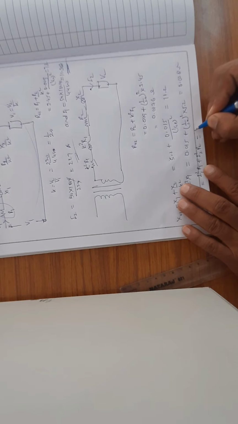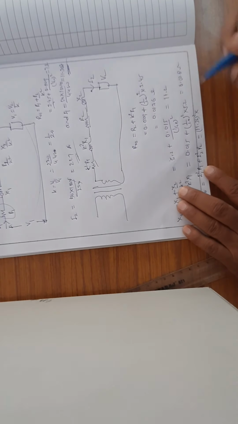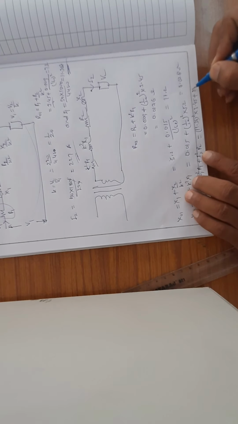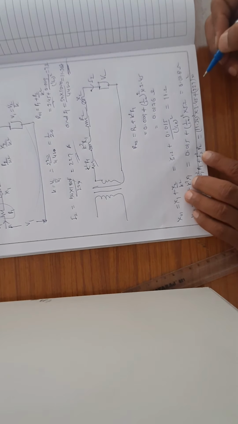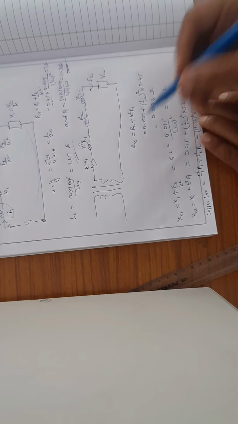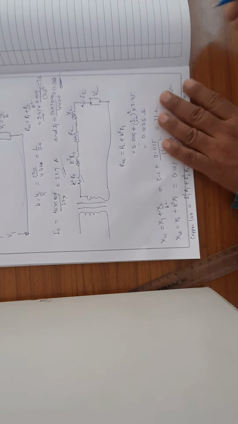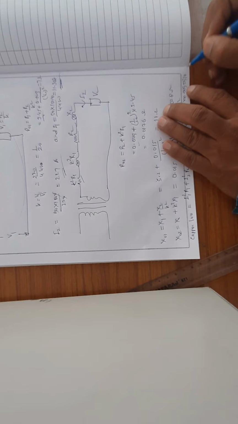Then 11.36 whole square into R1, 3.45, plus I2, 227 whole square into R2, 0.009. For calculation, this value comes to 910 watt.